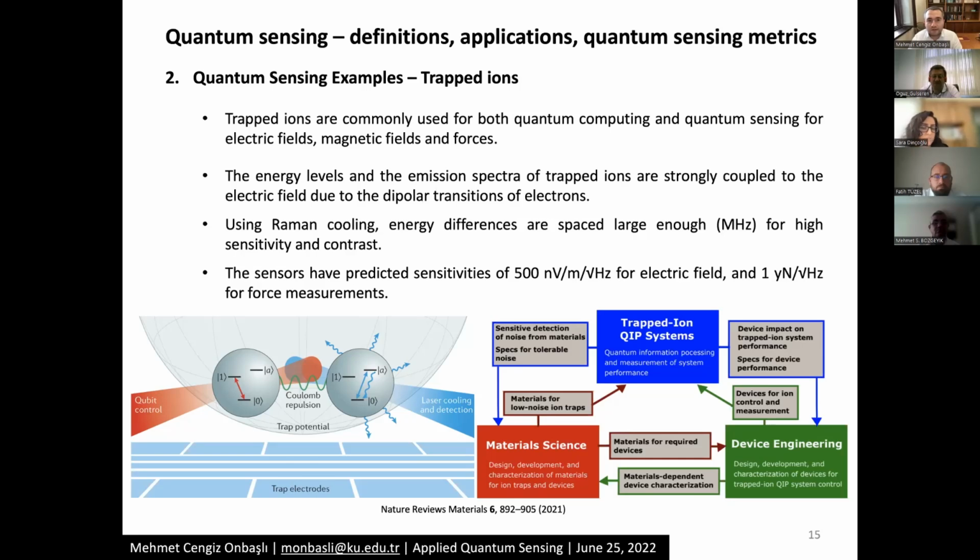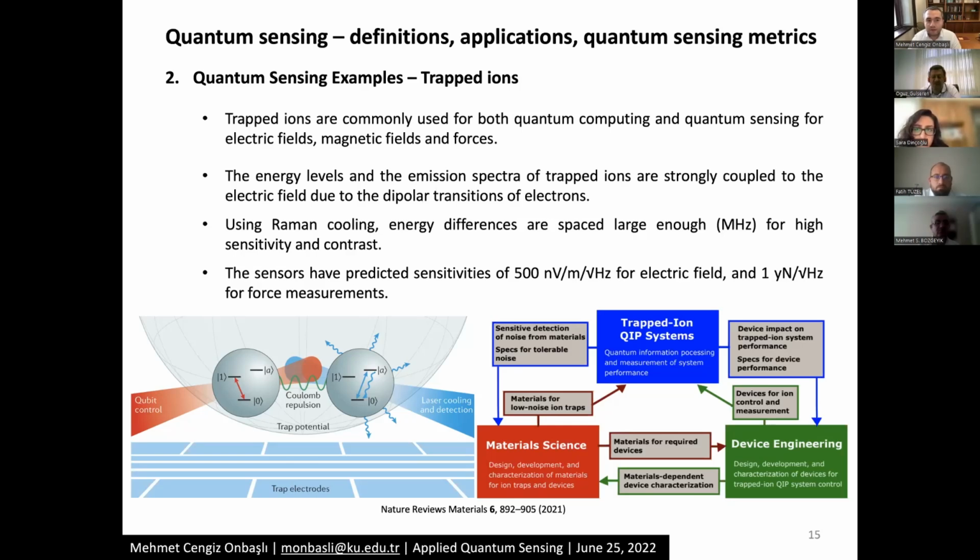The energy levels and the emission spectra of these ions are strongly coupled to the electric field, since the dipolar transitions of electrons in these ions are a strong function of the external electric field.